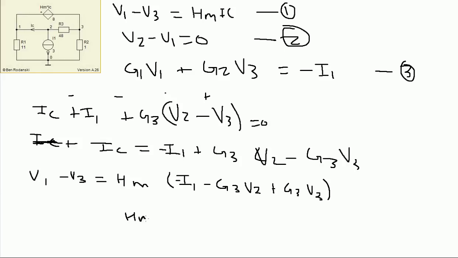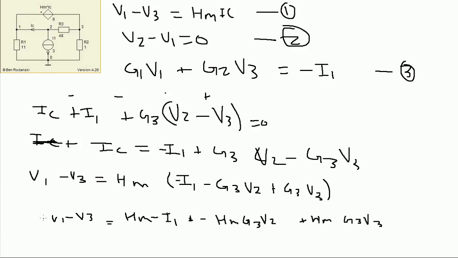So you've got HM minus I1, then minus HM G3 V2, and plus HM G3 V3 equals V1 minus V3. And then it's literally just bringing all that to the other side.